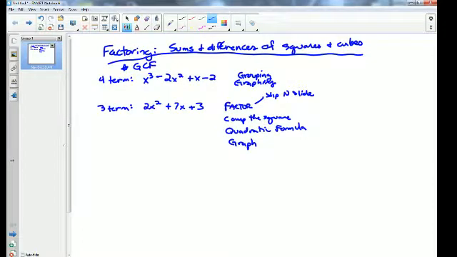You can graph them, you just may not get exact answers. Okay. Factoring methods, we did the box method, and we also did guess and check. And we also have the greatest common factor there, right? That you can factor out.